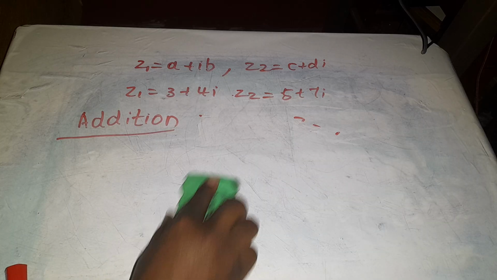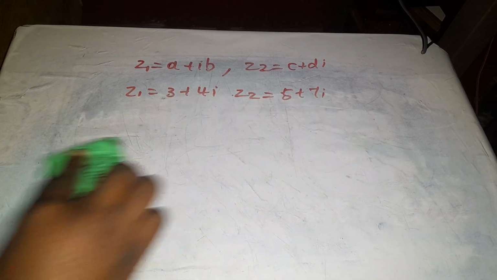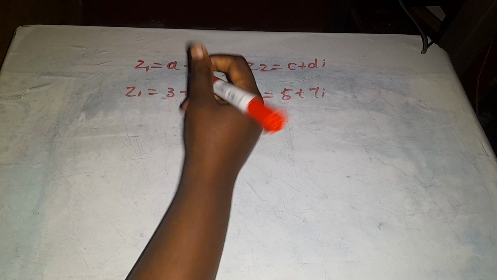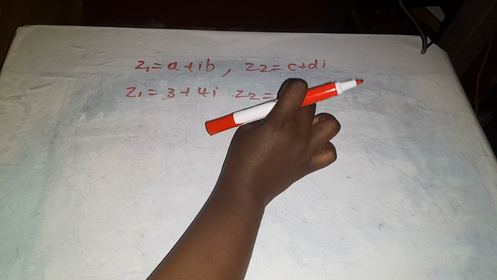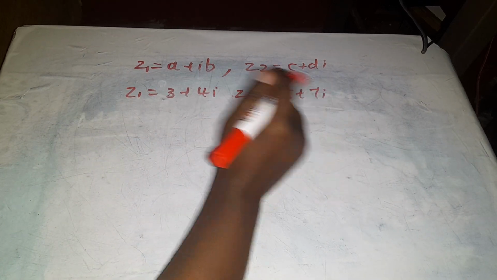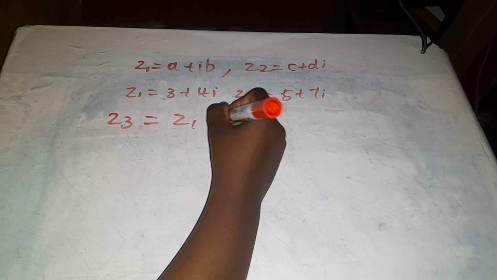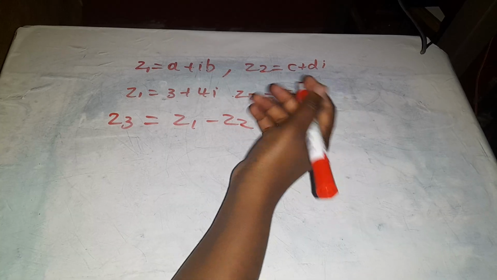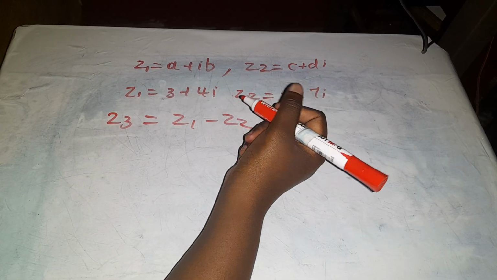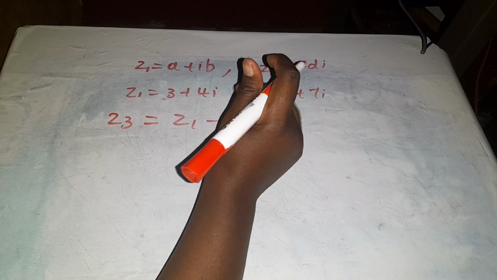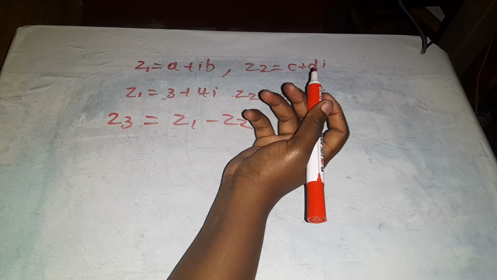In terms of subtraction, you will have the same z1 as this and z2 as this. Then z3 will be given as z1 minus z2. As you can see, it is the basic addition and subtraction. The only difference is this i.